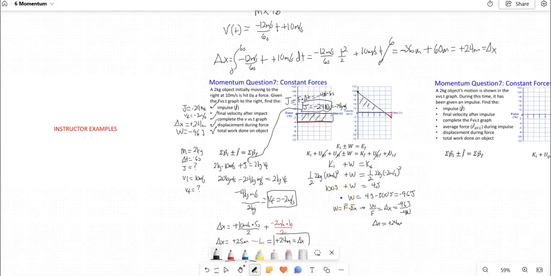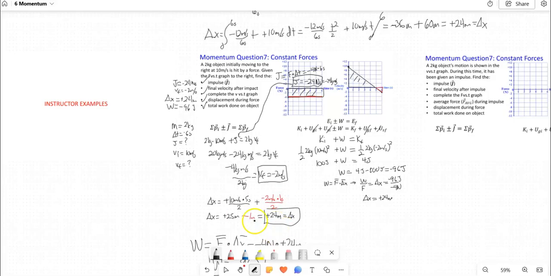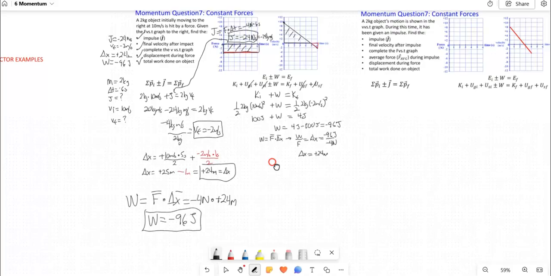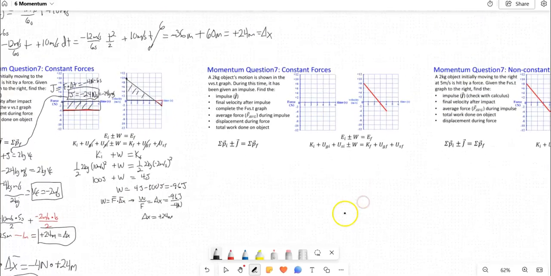So please try to stretch on these problems and try to use something that you're not comfortable with, right? So if I don't feel comfortable integrating velocity versus time to find displacement, I'm going to do that, okay? Especially since I already know what the answer should be, okay? Okay, let's move on.